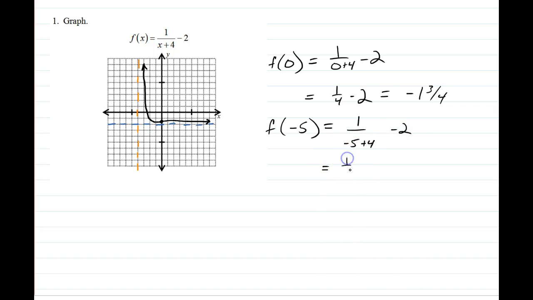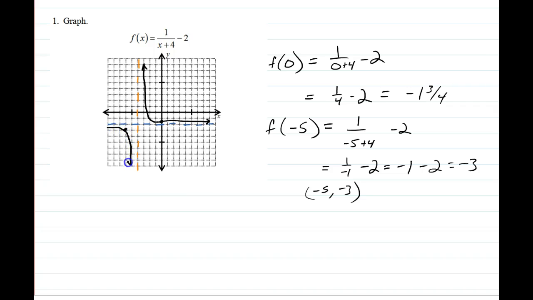This becomes 1 over -1. So -1 minus 2 gives us a -3. So I have the point -5, -3, my input, my output. So at -5, -3, I have a point. And so that tells me that the graph is over here.